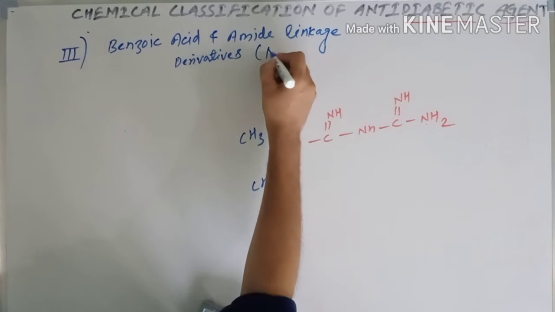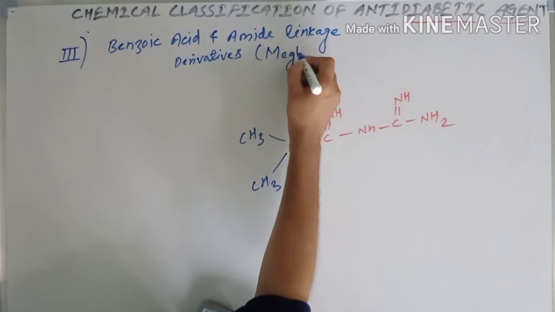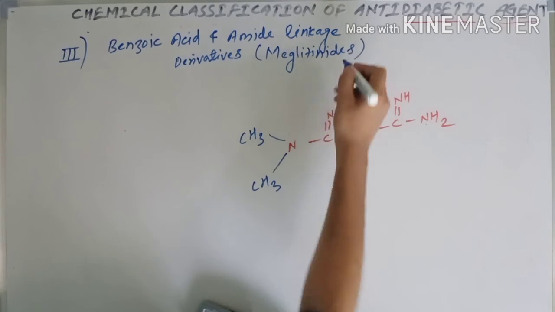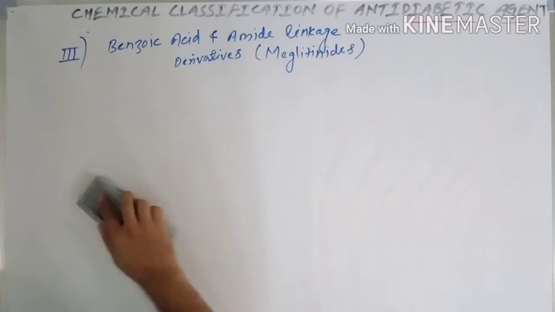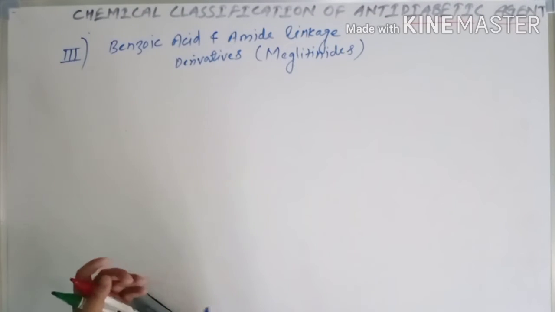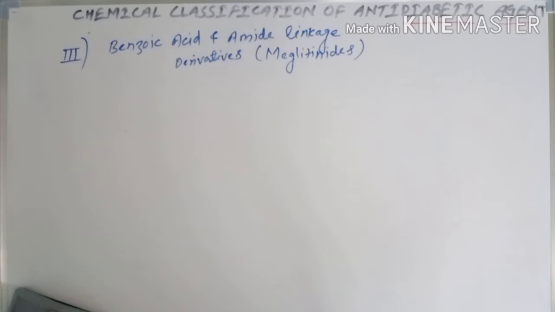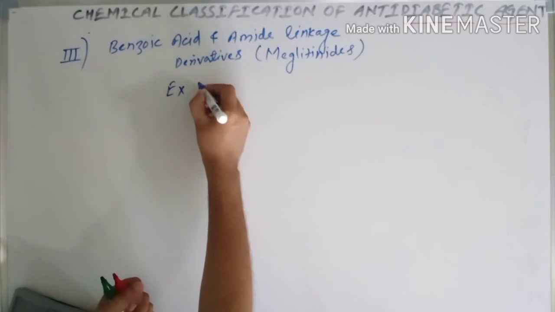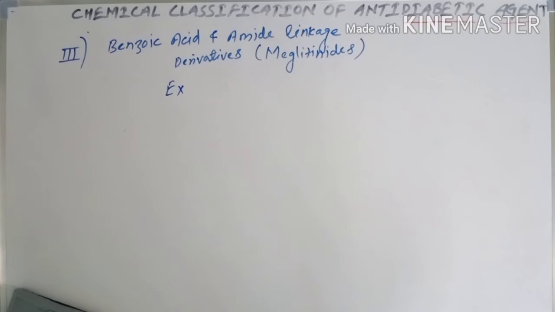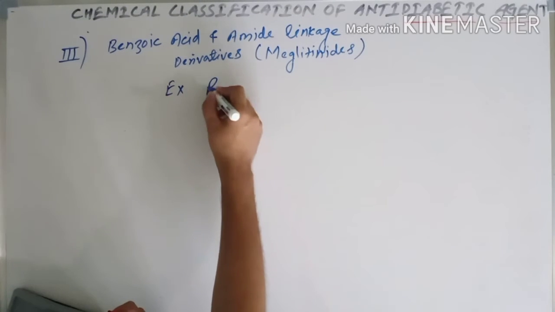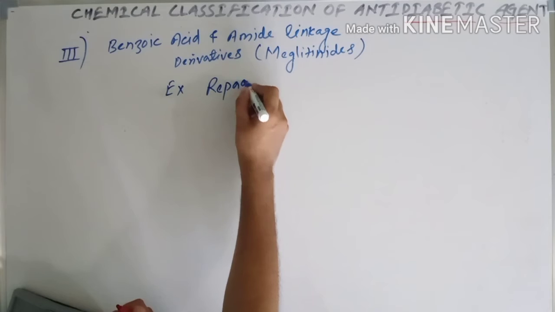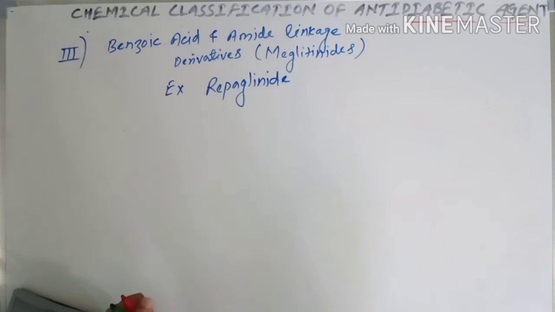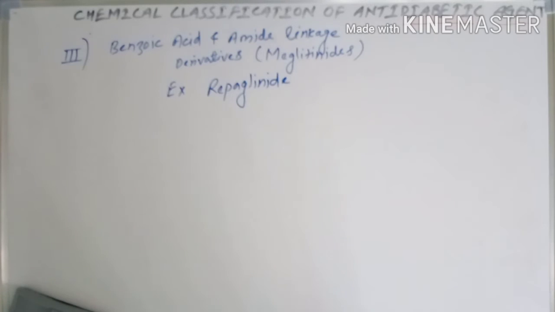They are also known by the name meglitinides. What? Meglitinides. So basically the best example of a drug is repaglinide. So what is the structure of repaglinide?